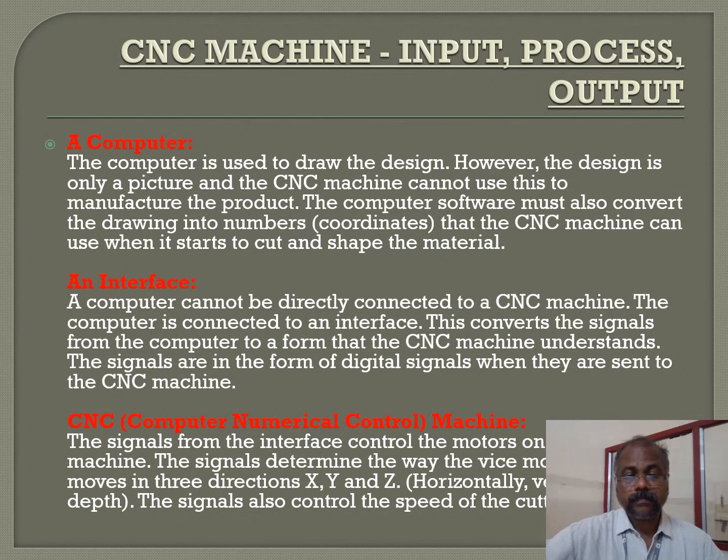The signals from the interface control the motors on the other side of the machine. The signals determine the way the machine moves in three directions, X, Y and Z, horizontally, vertically and depth wise. The signals also control the speed of the cutting tool.